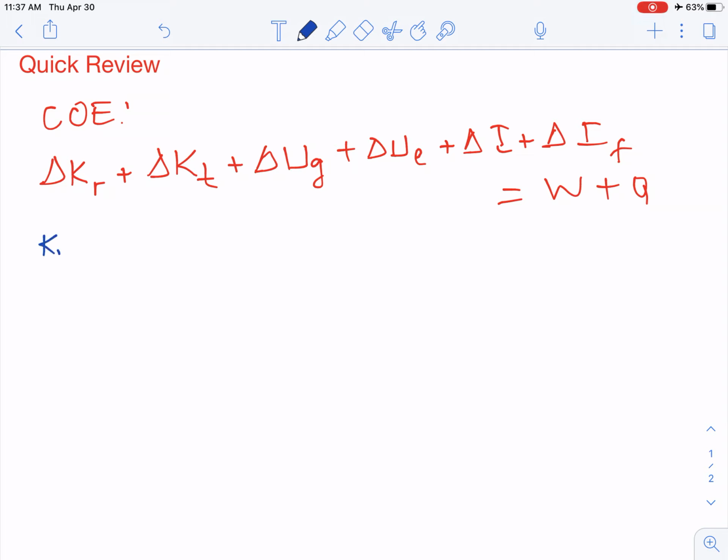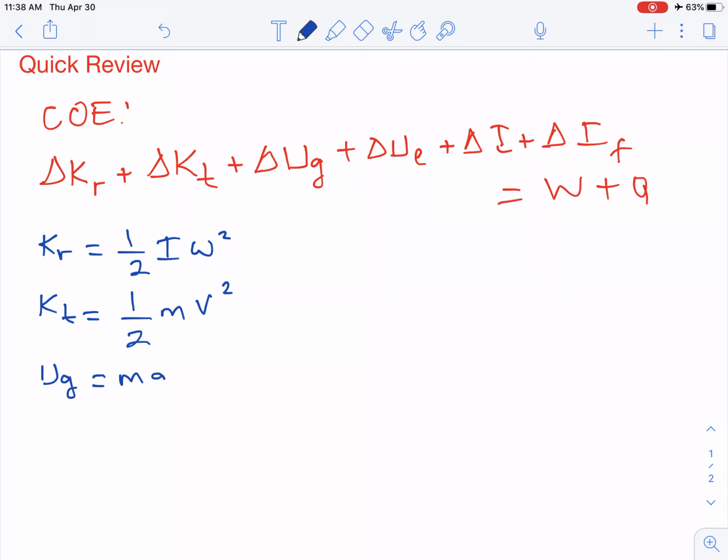The definition of rotational kinetic energy is 1/2 I omega squared. I is the moment of inertia, omega is the angular velocity. Translational kinetic energy is very similar: moment of inertia becomes mass, angular velocity becomes linear velocity, right? We'll start learning these in chapter 7.